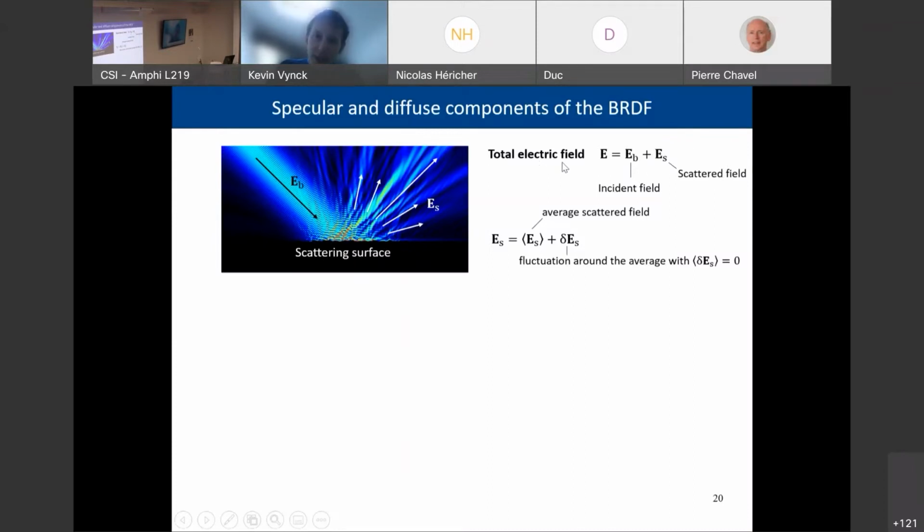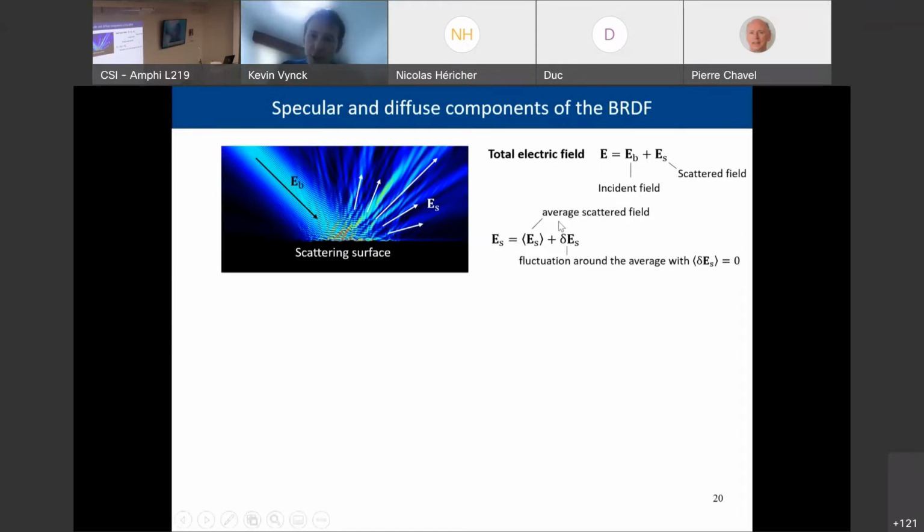I define the total electric field in the system just as the sum of an incident field and a scattered field. Now, since we are interested in statistical properties, not in just one realization, but in the average response of the system, I can decompose the scattered field as the sum of the average scattered field, so average over the disorder configuration, or average over the surface roughness, plus a term that fluctuates from realization to realization.